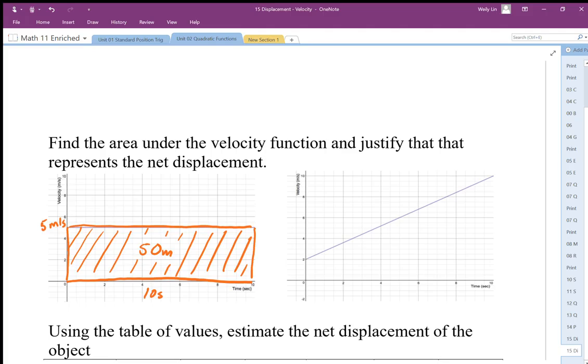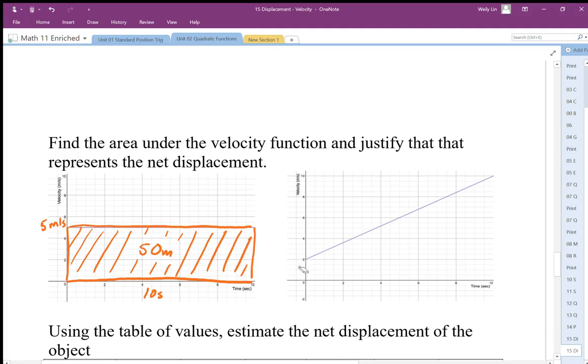Now, this is slightly different in that the velocity is changing, right? But if we take the velocity times time, 2 meters per second times 2 seconds, well, we know that's 4 meters of displacement. That area represents 4 meters of displacement.